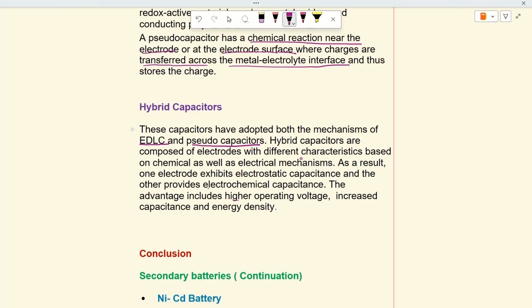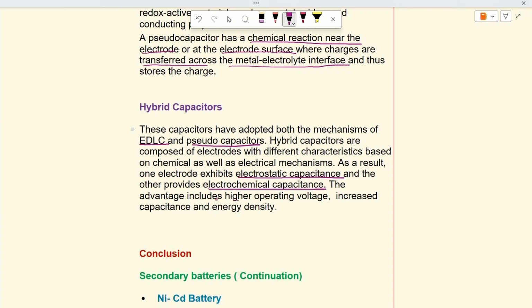In hybrid capacitors, one of the electrodes will be functioning in one way and the other electrode will be in the other way. That is, one electrode will exhibit electrostatic capacitance, that is by polarization, while the other electrode will have electrochemical capacitance.